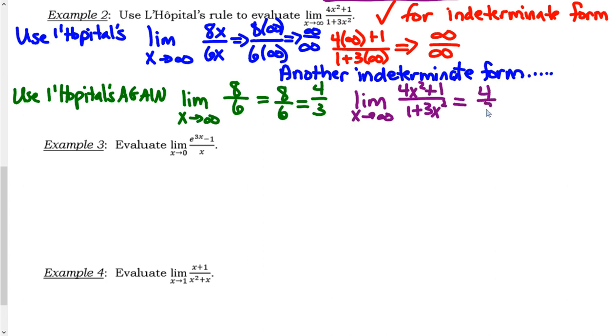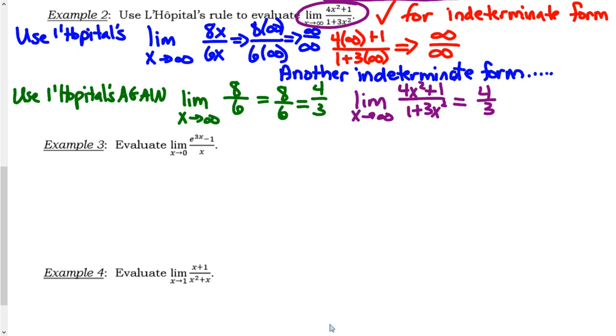Now, I believe that you have probably addressed this style of problem before. I'm not exactly sure how you evaluated this. Many times what we do is we take this thing and we divide by the highest power of x, x raised to the second power, and then we evaluate the limit.